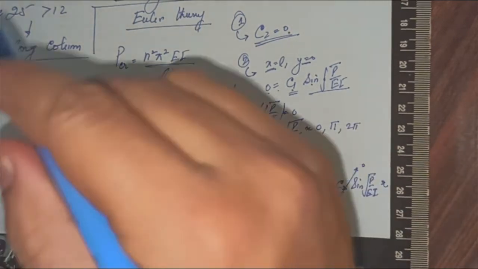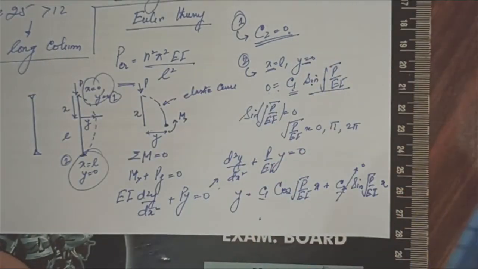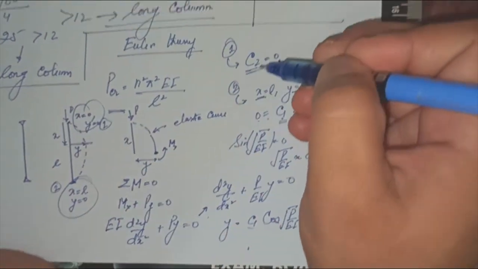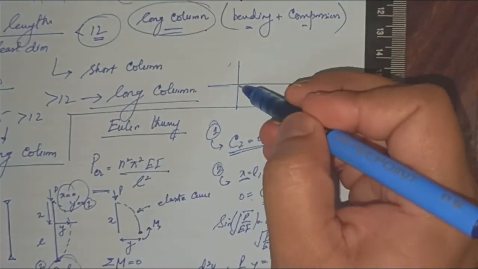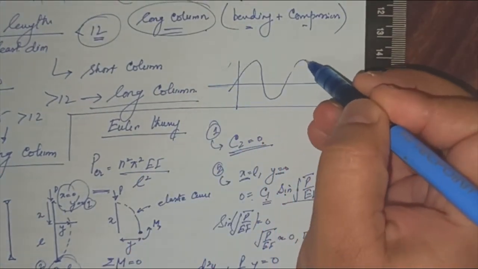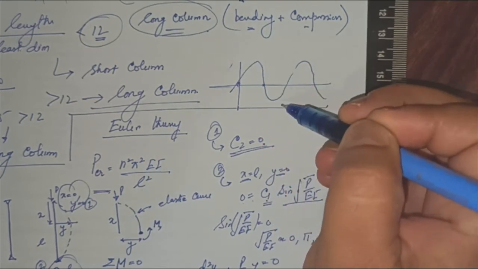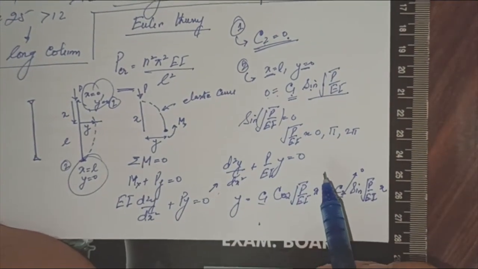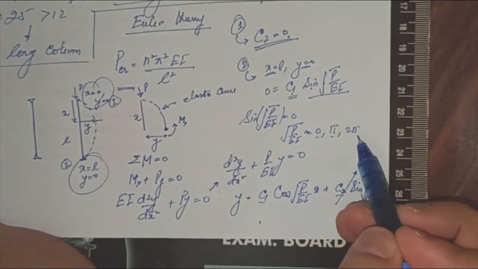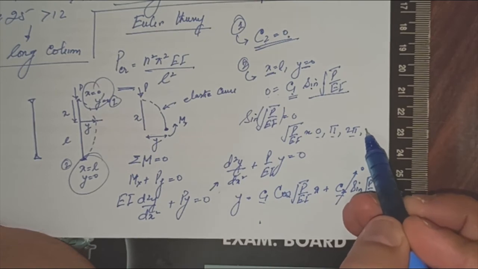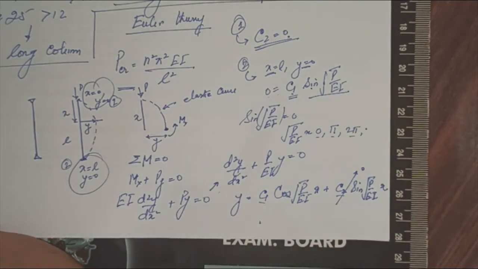You know that the sine curve is like crest and trough, crest and trough, in this way. So at each and every 0, pi, 2 pi and 3 pi and so on, you'll be getting 0.